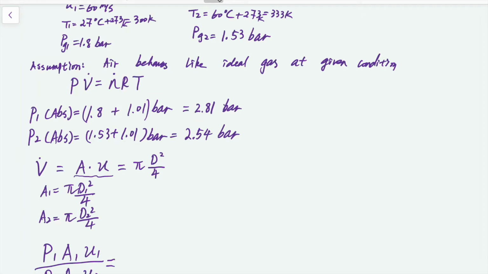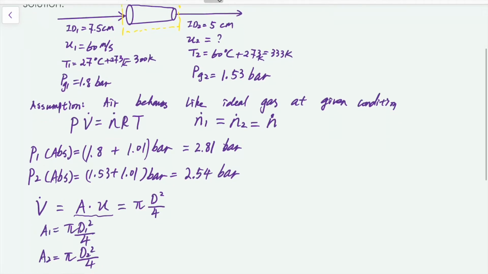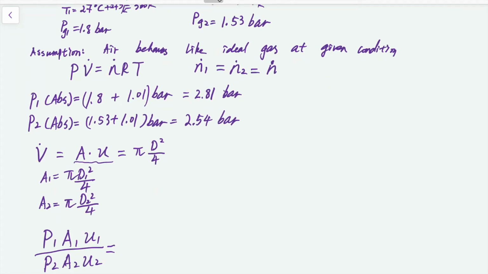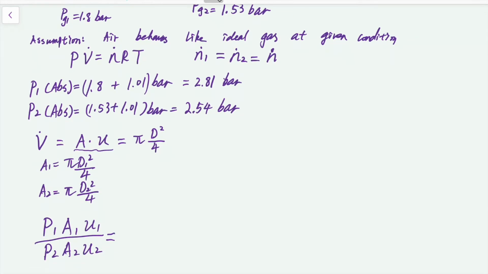And because it's the same stream of air going in and out, therefore the mole number is the same. Well, we can write like this: N dot 1 is equal to N dot 2 is equal to N dot, based on the conservation of mass. In this case, we cancel the N because they are the same. Then we have T1 over T2.